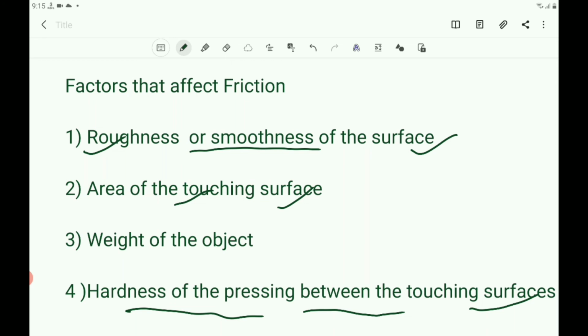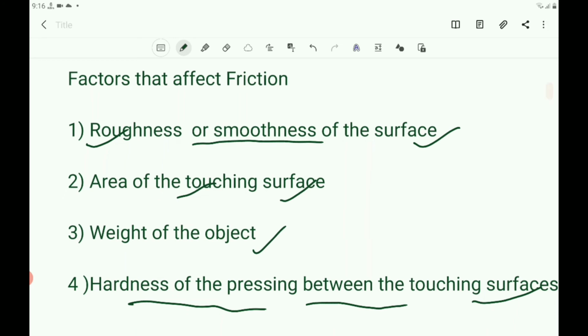The greater surface area of the soles of the shoes causes more friction and slows you down. And heavier objects also have more friction.